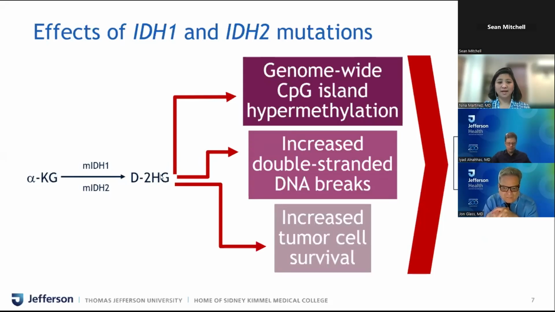And what happens is this D2HG causes a bunch of other problems, such as things that will result in cancer formation, genome-wide CpG island hypermethylation, increased double-stranded DNA breaks, cells that don't die, and this can be a problem.